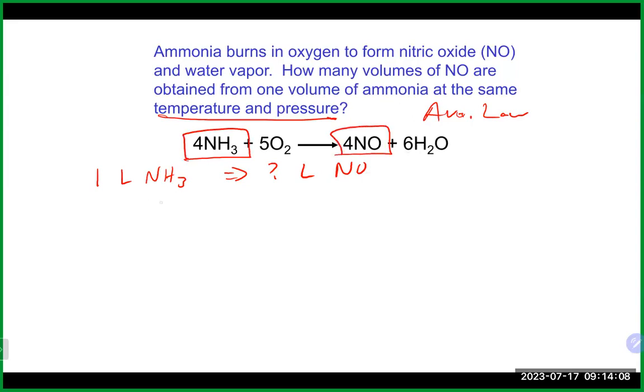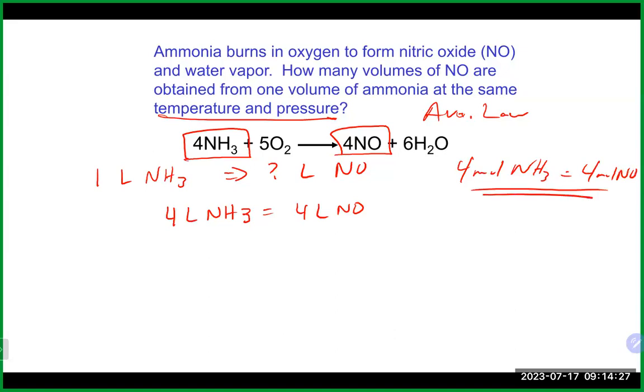And in this case, there's basically 4 liters of NH3 for every 4 liters of NO. And that is equivalent to what we would do if we said there are 4 moles of NH3 giving us 4 moles of NO if we were doing a traditional stoichiometry problem with a mole to mole relationship. So because of that, we could get right into the problem here.